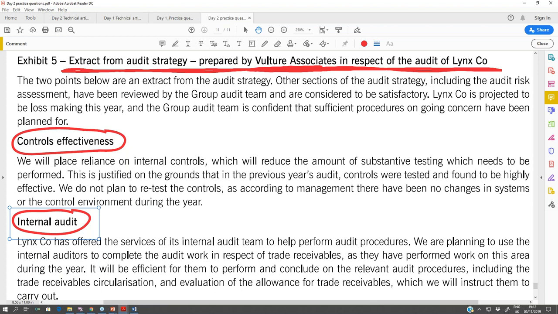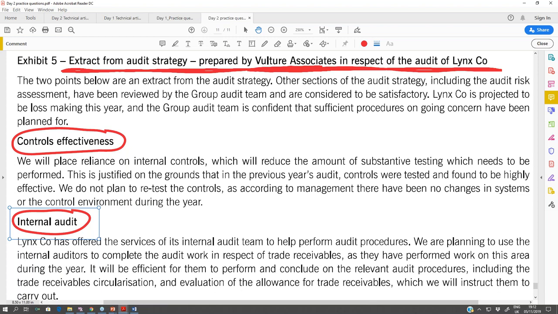So we are not working on the areas where the group audit team has already been satisfied, but there are two areas where the group audit team is not satisfied: control effectiveness and internal audit. Is that clear with all of you now? Is the group auditor satisfied with the rest of the audit strategy prepared by Vulture?